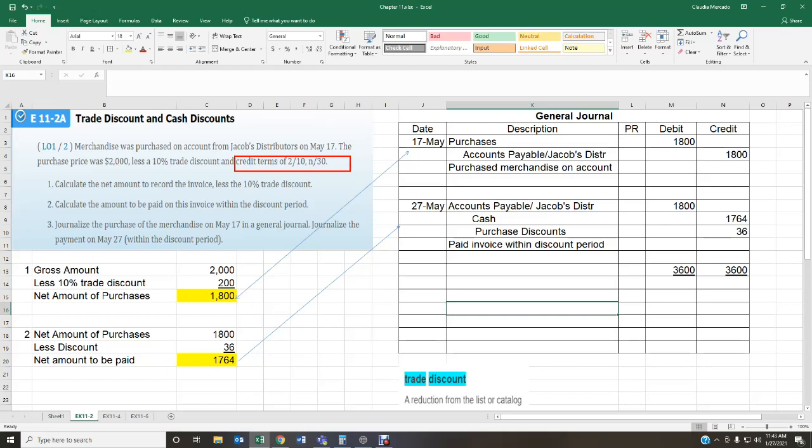So these are the two transactions that we had to do, and we basically used our computations from requirement 1 and requirement 2 to do our journal entries for the 17th and the 27th. We did the calculations and then it simplified things for us when we had to journalize the entry.